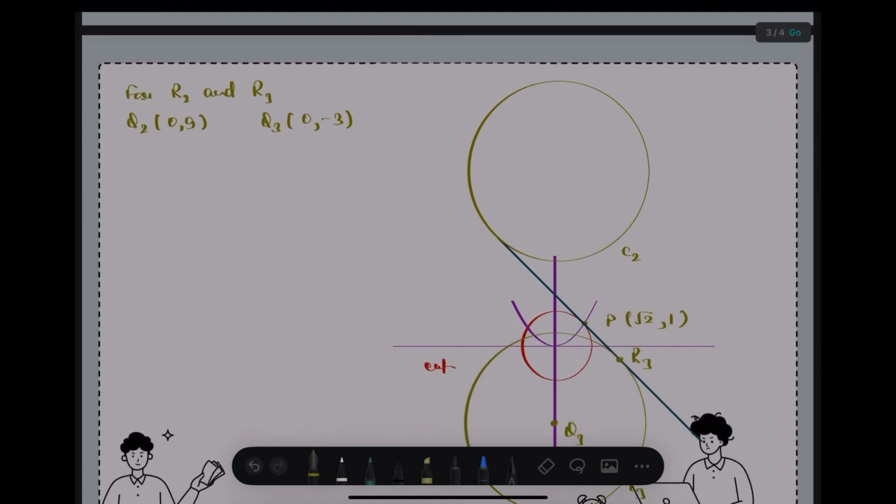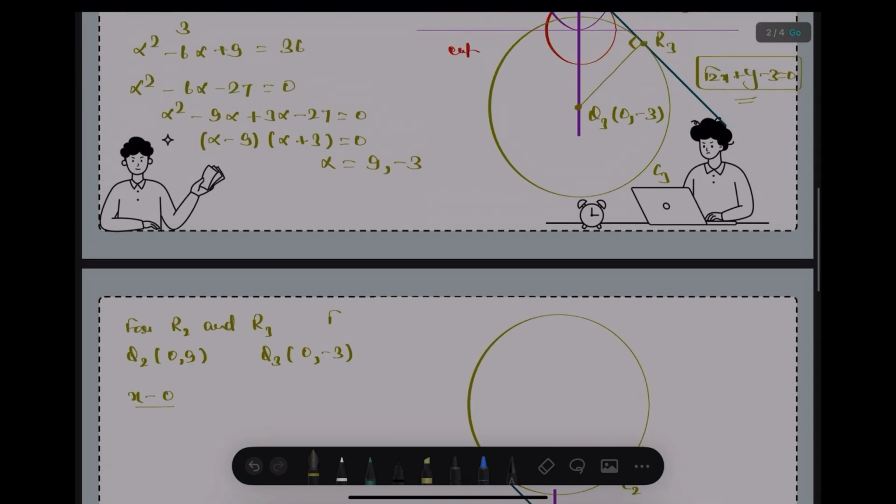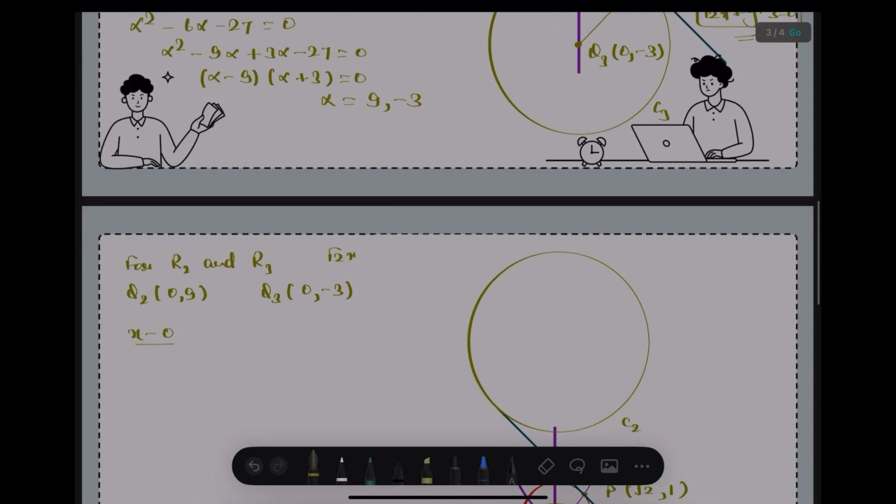So do you remember what is the foot of perpendicular? X minus x1 by a, and the line was what? Root 2 or root 3? Yes, root 2. Root 2x plus y minus 3 equals to 0. So along this line we have to find the foot of perpendicular.